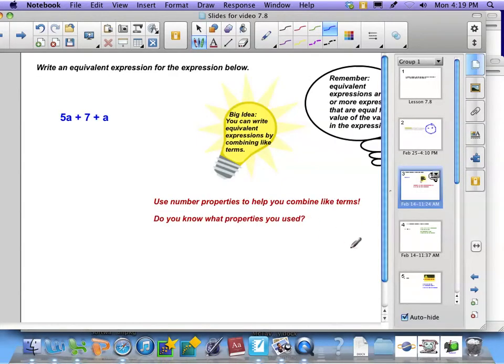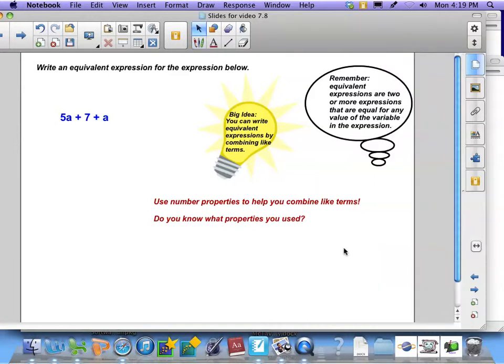We're going to use our knowledge of number properties and combining terms to write equivalent expressions. Remember, equivalent expressions are two or more expressions that are equal for any value of the variable. Keep in mind you can write equivalent expressions by combining like terms.